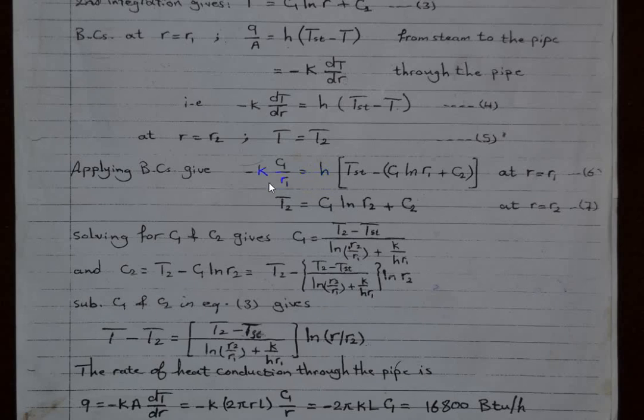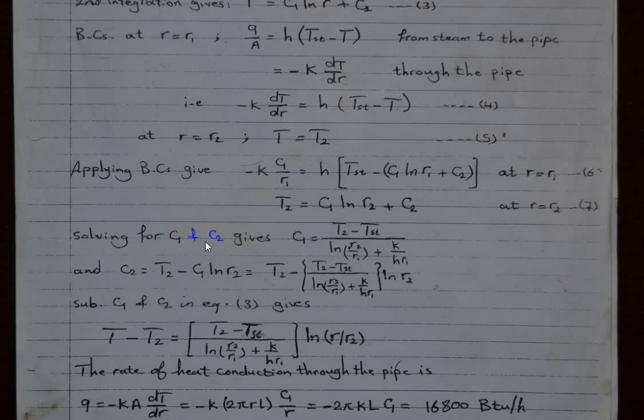So between the steam and the inner surface of the pipe the heat is transferred by convection, but between the two surfaces of the pipe the evaluation of all terms is applied using the conduction mechanism. Solving for C1 and C2 gives the integration constants.